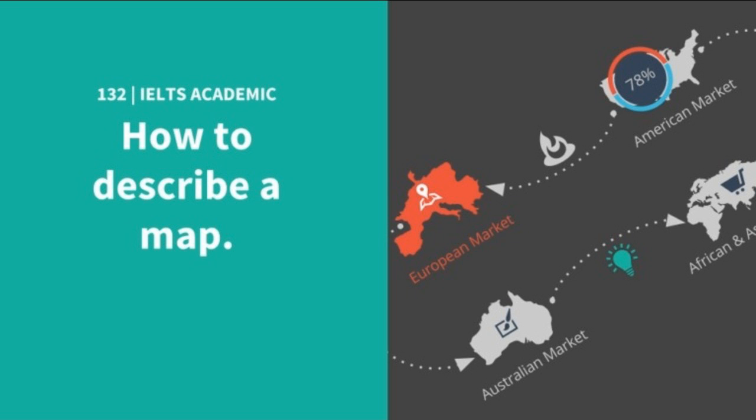Clauses. To achieve a higher score in Task 1, it's advisable we use some clauses. So I'll give you just 2 examples. To the south of the river, comma, a new hotel has been constructed.